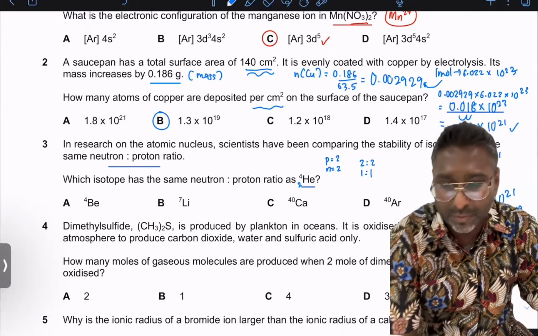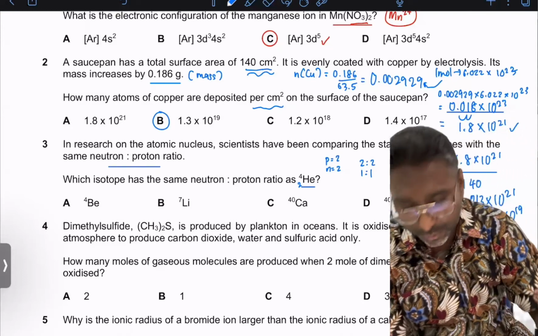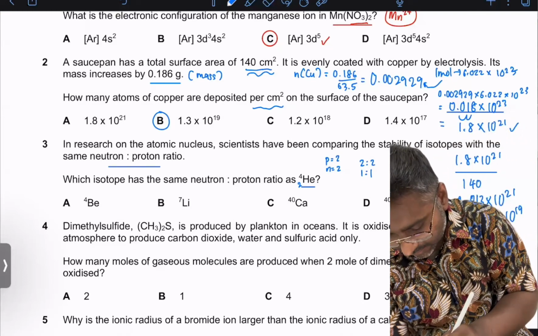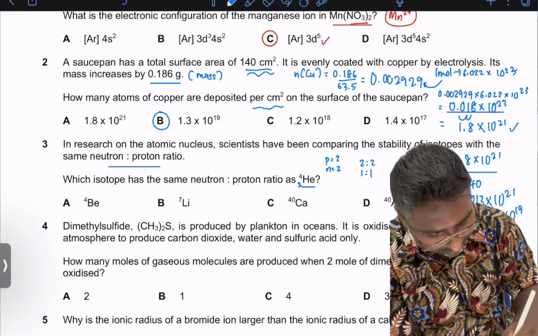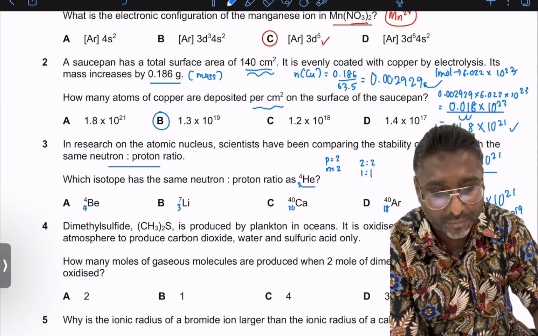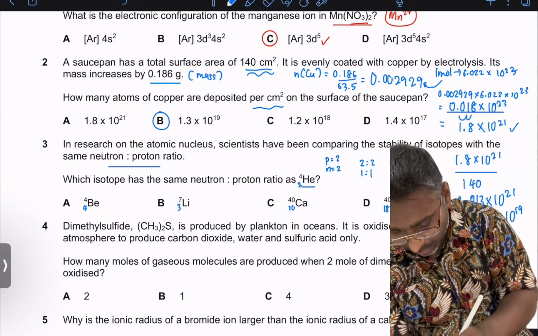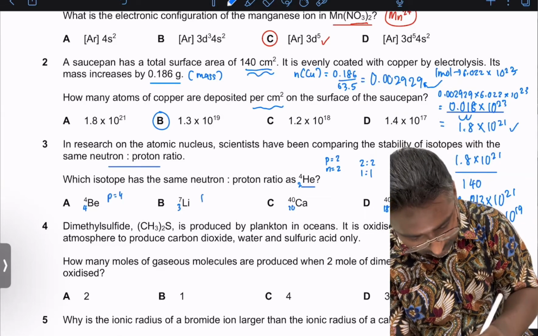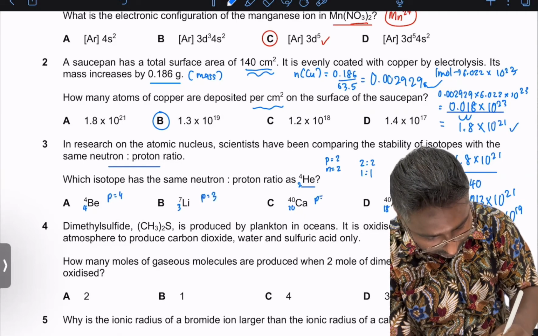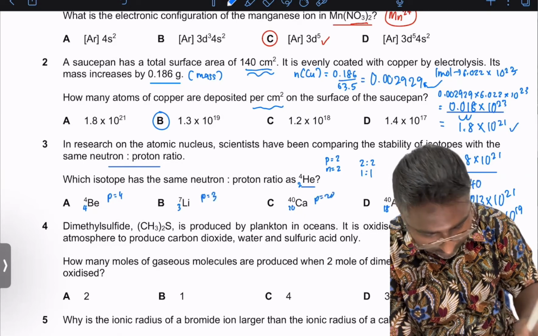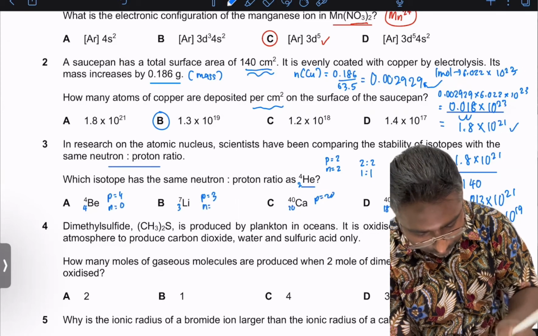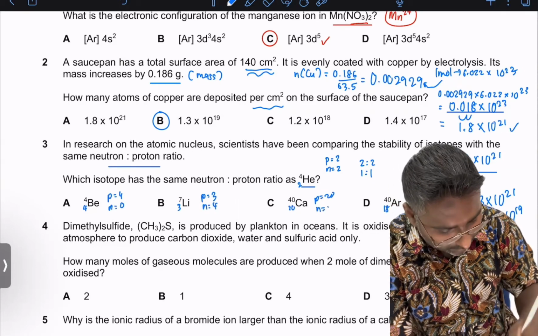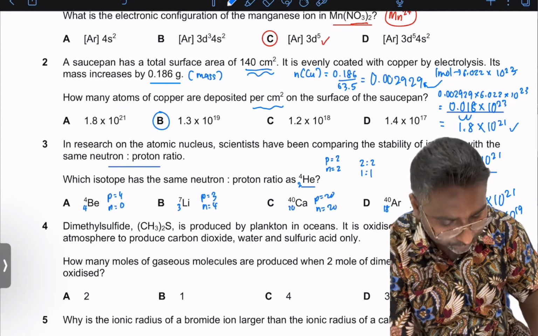So which isotope has the same neutron to proton ratio? You just look at the periodic table; all of this you can get from the periodic table. Proton-wise, this is 4, 3, 20, 18. For neutrons, you find the difference: 4 gives 4 neutrons, 20 gives 22 neutrons.